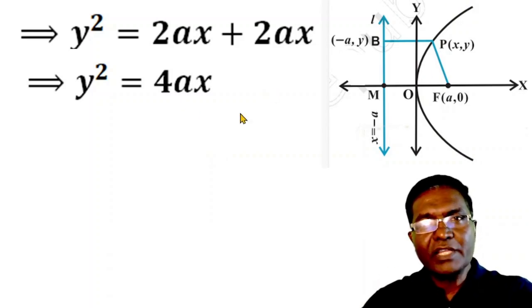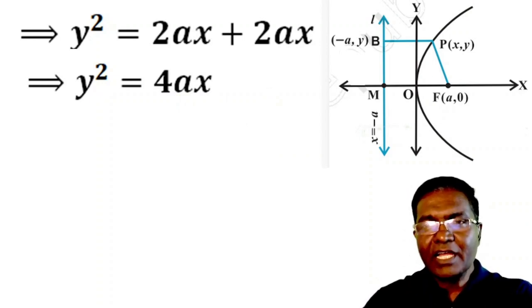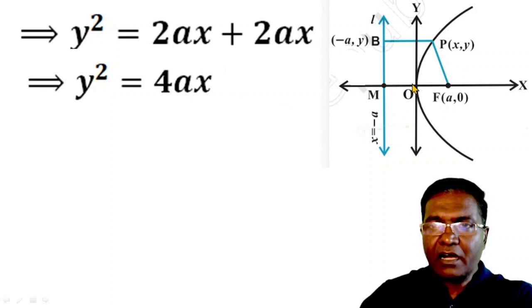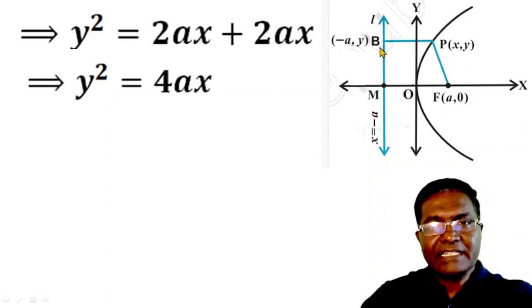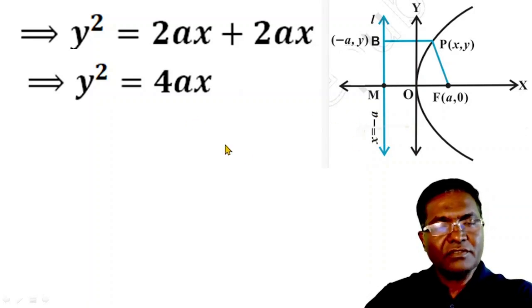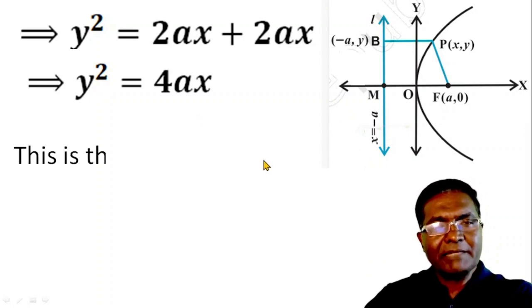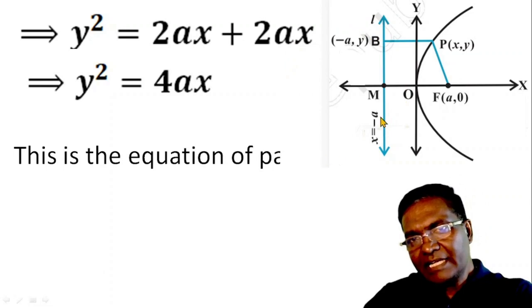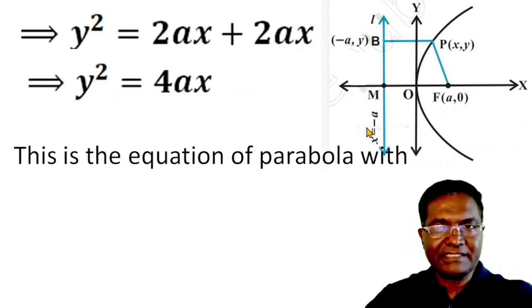So we conclude that this is the equation of the parabola with vertex at origin, focus at (a, 0), and directrix the line x equals minus a. Similarly, a parabola can be like this, where its axis of symmetry is the negative x-axis.